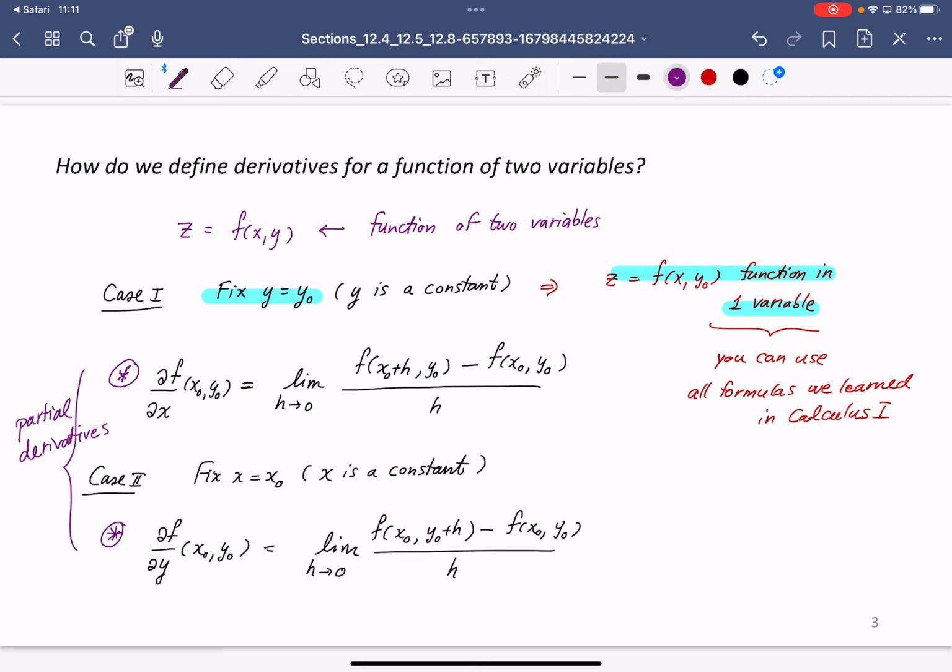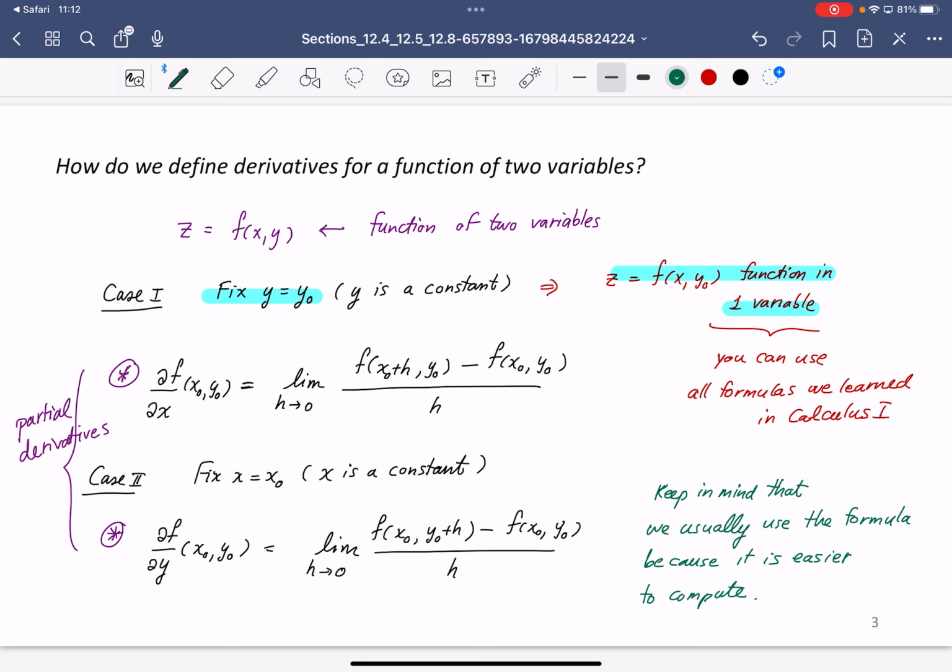But keep in mind that we usually use the formula, not the definition, because it is easier to compute.